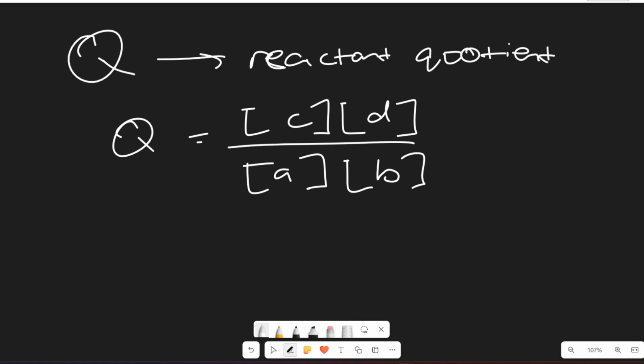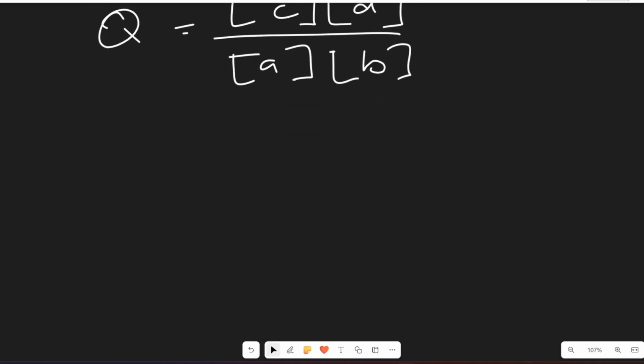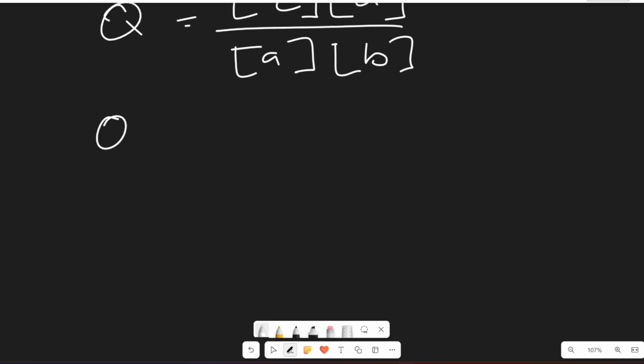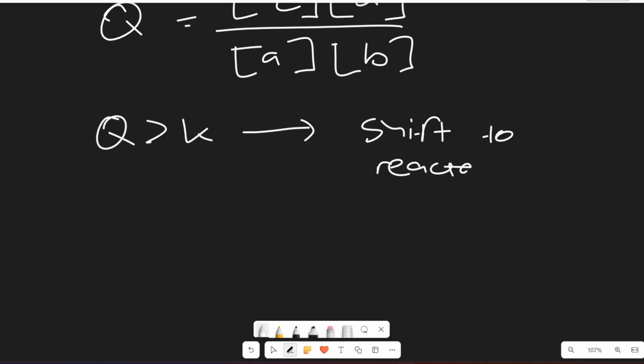So let's go into comparing Q to K. If we're saying Q is greater than K, well, that essentially means that we have more product than we do at equilibrium, because remember, it's products over reactants, so if our product increases, then our Q increases. So to reach equilibrium again, our reaction is going to shift to our reactants, meaning that we're going to go from our products to reactants.